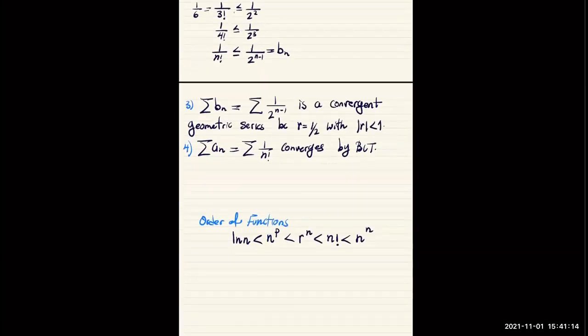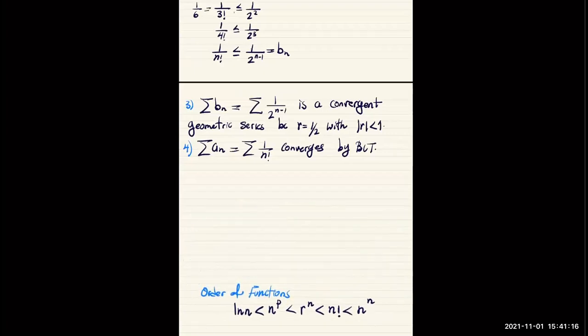Now let's look at something cool. So I am going to rewrite the series 1/n factorial again in expanded form. It was 1/0 factorial plus 1/1 factorial plus 1/2 factorial plus 1/3 factorial, and so on.